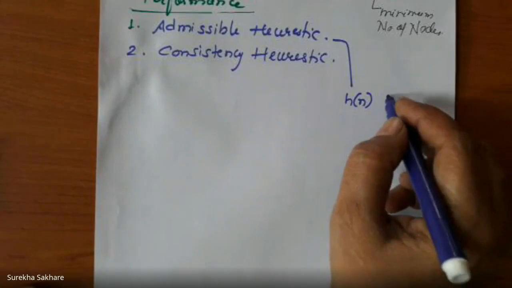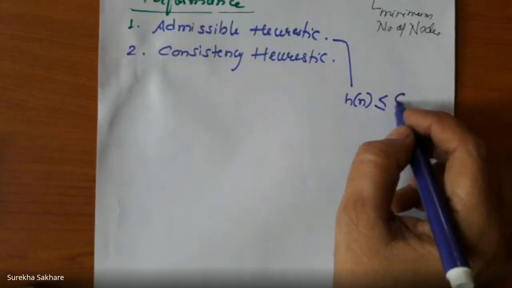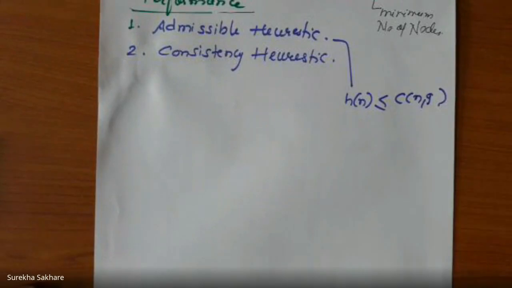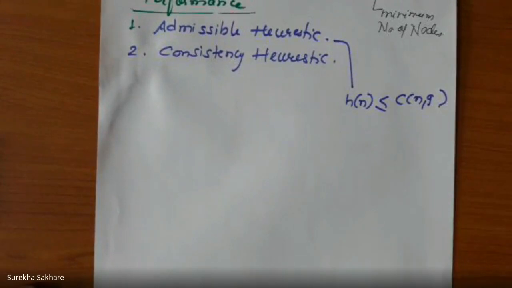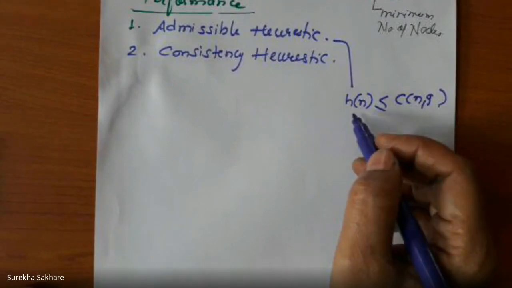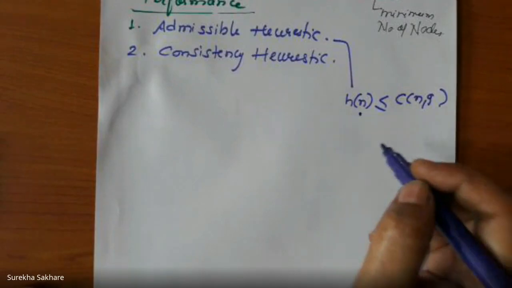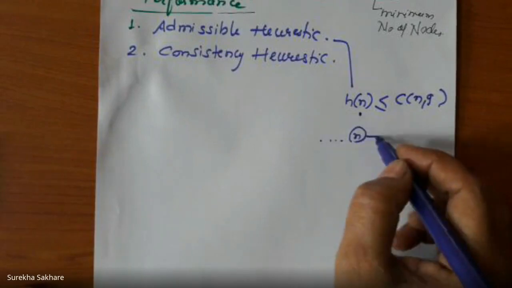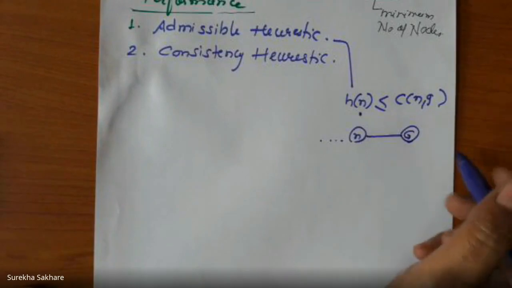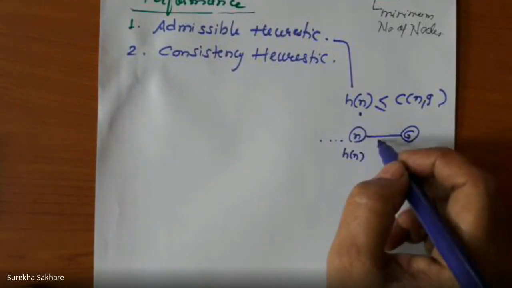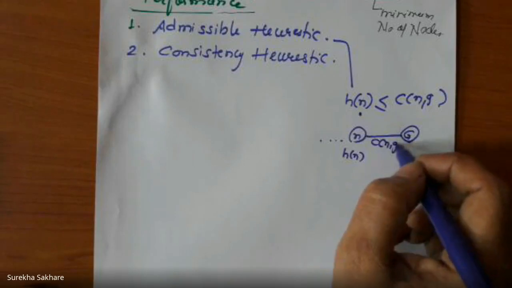That is, the heuristic function at the node n, suppose this is a node n, we'll forget about these things, and this is connected to the goal. Now the h(n) here, whatever is the actual cost here, n to goal, this should always be less than the actual cost.